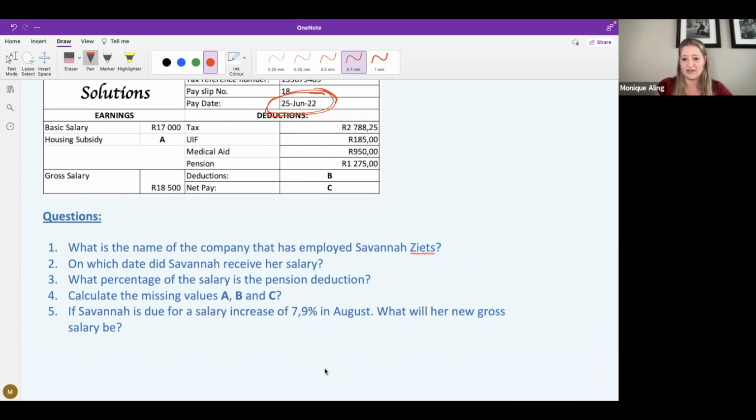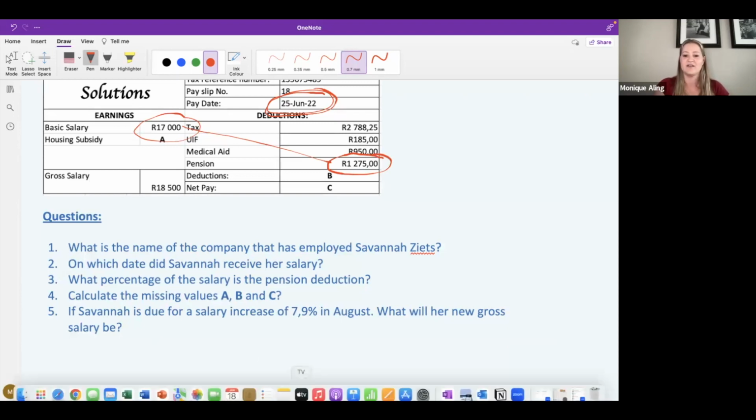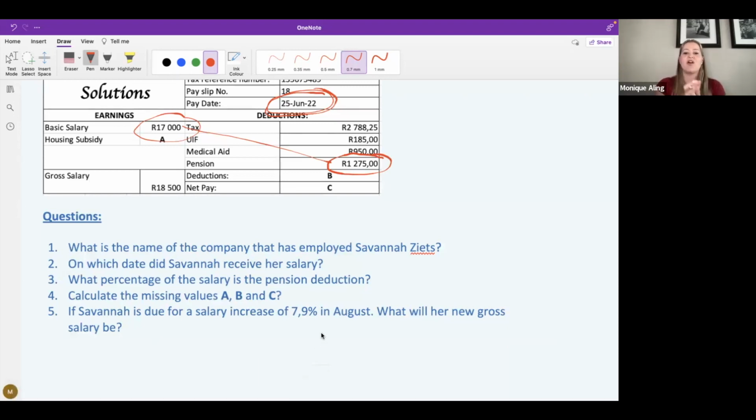That's what the question's asking. They are asking us how much of the salary the pension makes up. Does anyone want to try tell me how to do it? I don't want the answer. I want to know how you would do that. What portion of the salary does the pension make up?